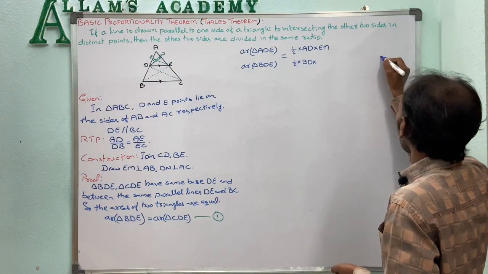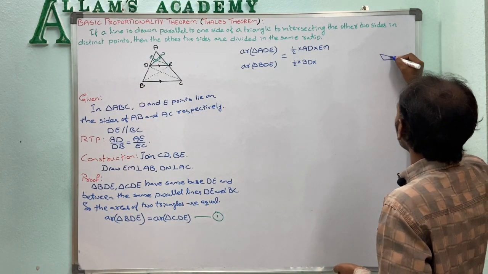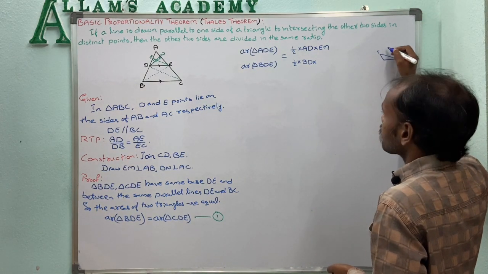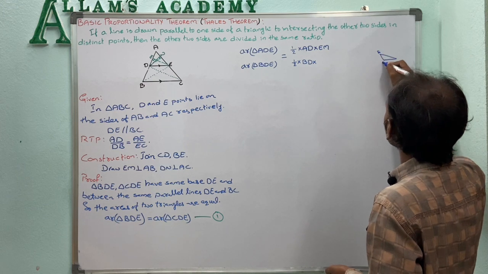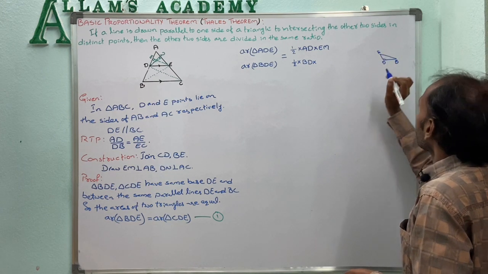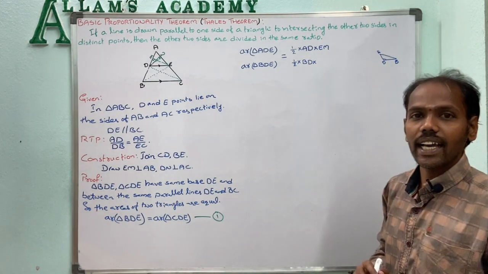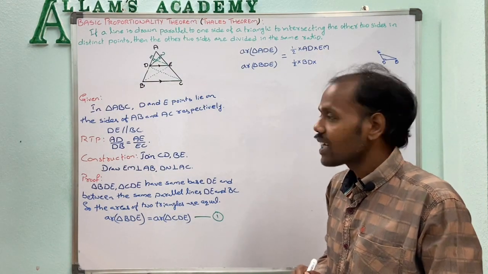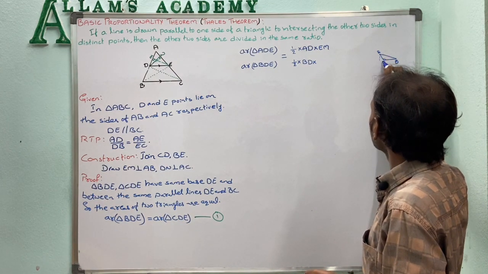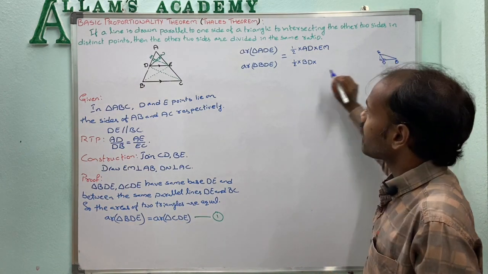Observe that triangle BDE is an obtuse angled triangle. In an obtuse angled triangle, the altitude lies outside.